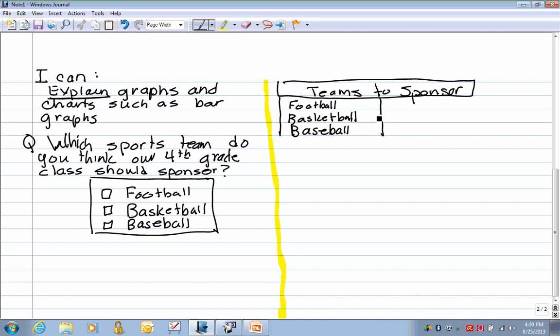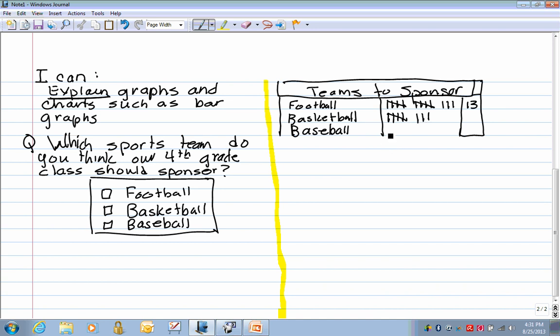And if I make tally marks, 13 students chose football, so I'm going to represent 13 by using our tally marks. Remember, the 5th tally mark goes diagonally. Basketball, 8 students chose basketball, so we're going to write our tally marks.